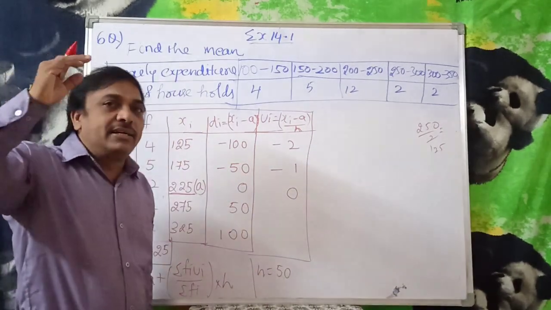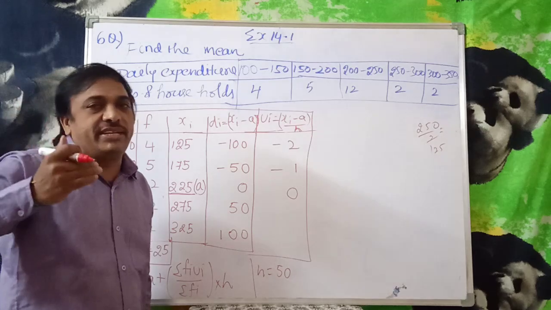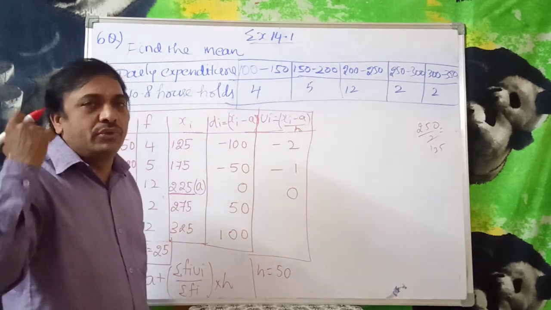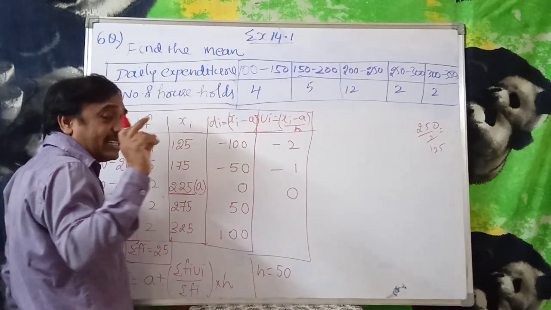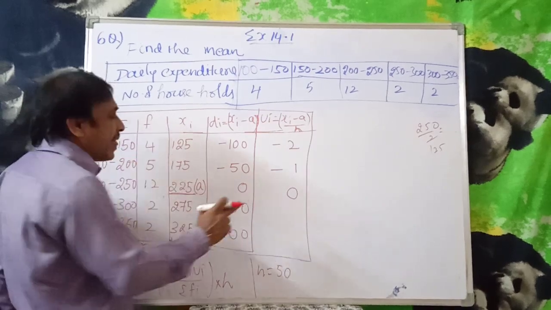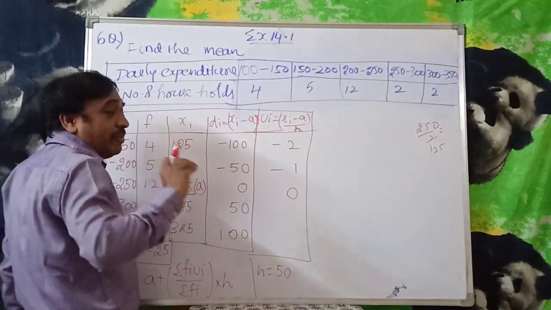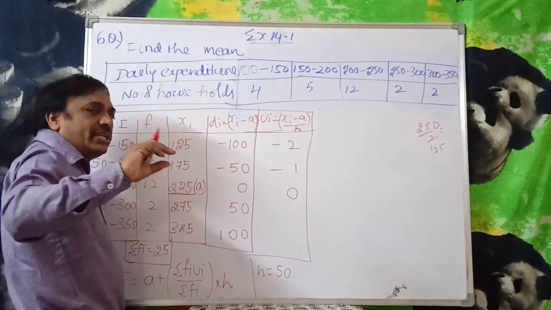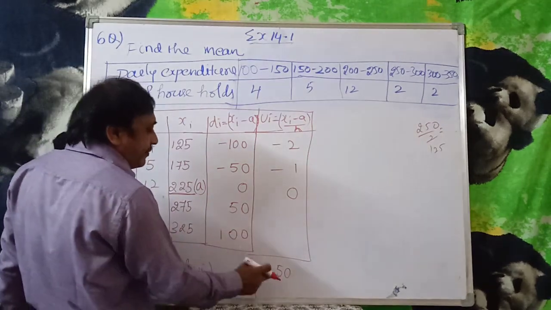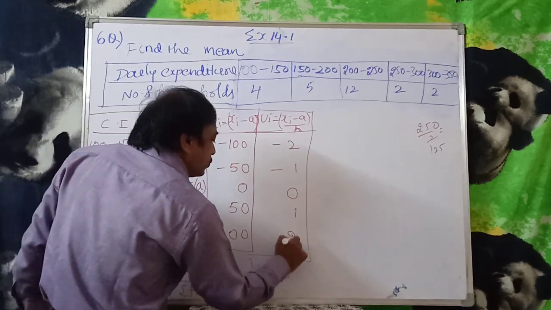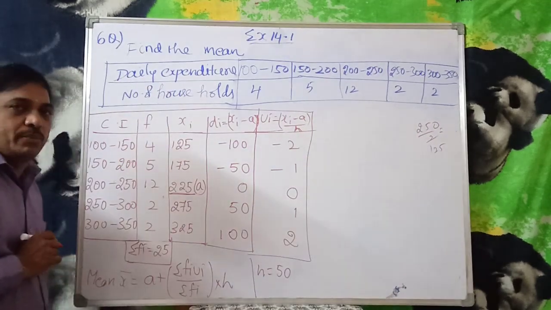We already learned in the integer chapter. 0 by any number will give you the same result, 0. The denominator should not be 0, but any other number you keep, the answer is 0. 50 by 50 is 1. 100 by 50 is 2. Did you observe the data became very small?